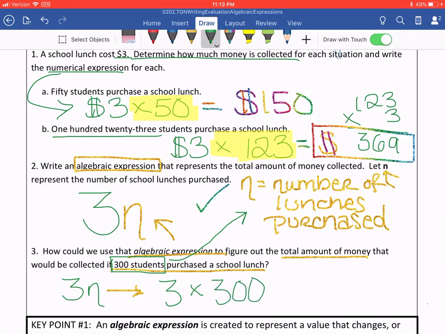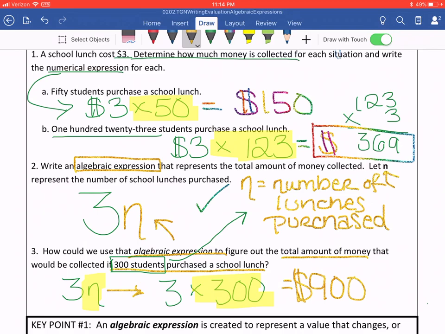I'm going to replace my N right here with this 300. Once I've replaced that number, I can go ahead and solve. 3 times 300 gives me 900 total dollars collected if 300 students purchased a school lunch.